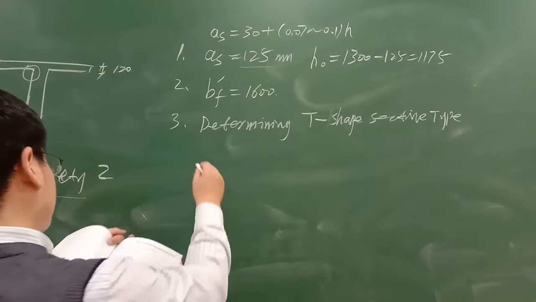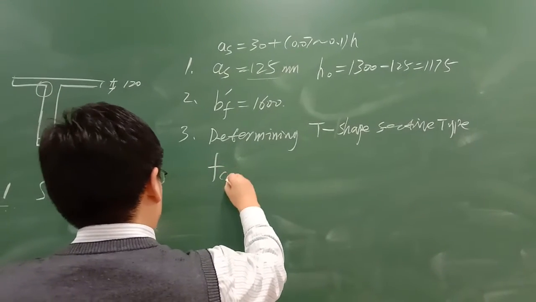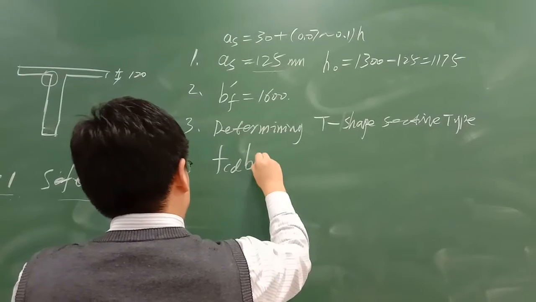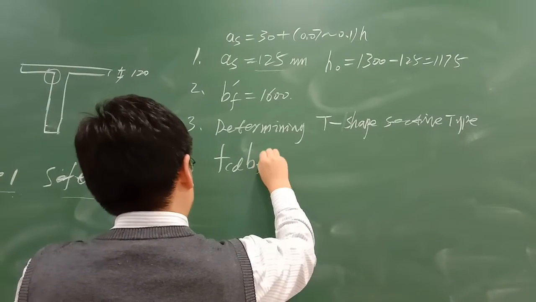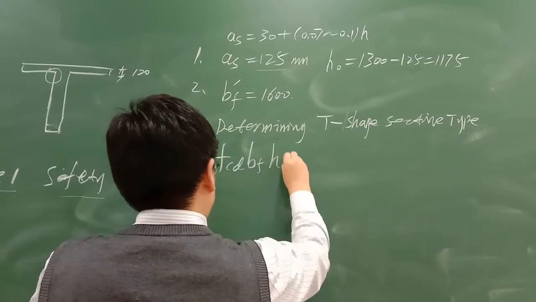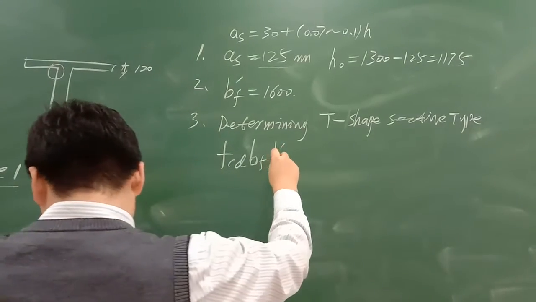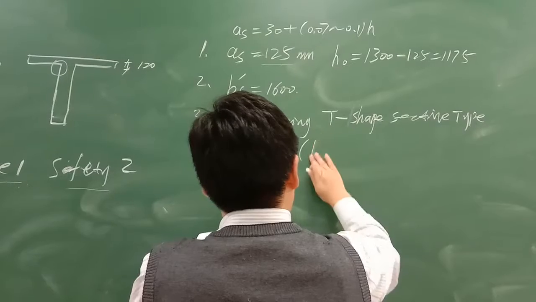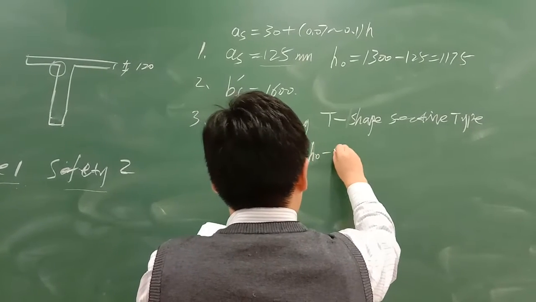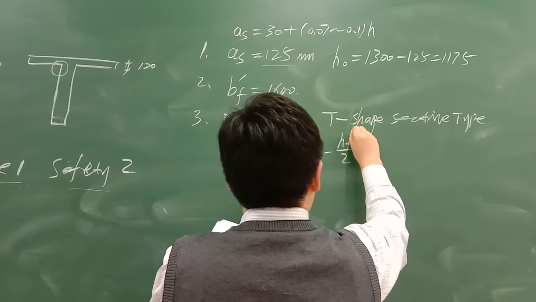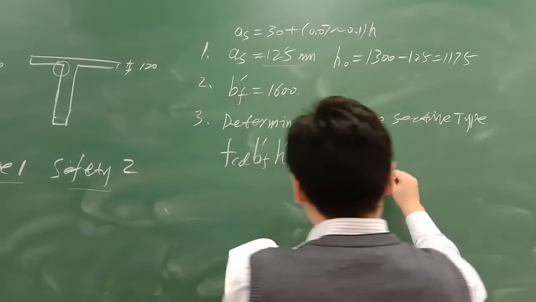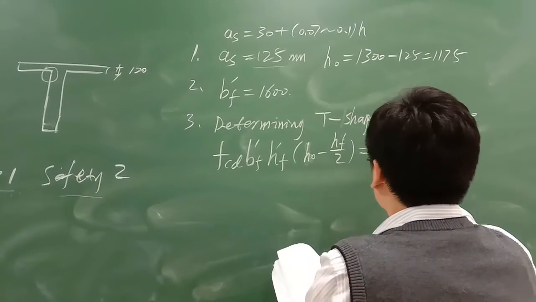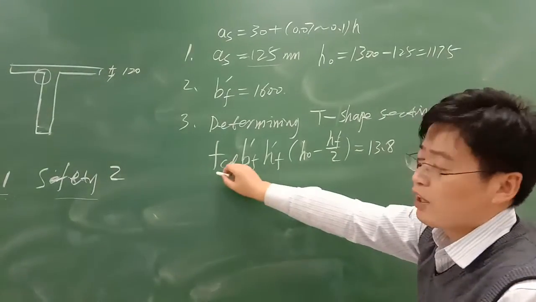So now we use this equation: FCD times BF times HF prime plus H0 minus half HF prime. So those values equal 3.8, which is the design value of FCD.